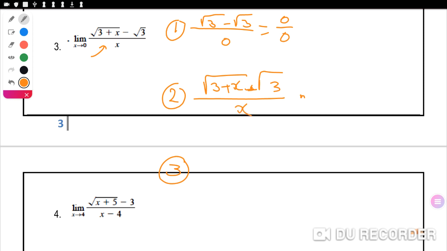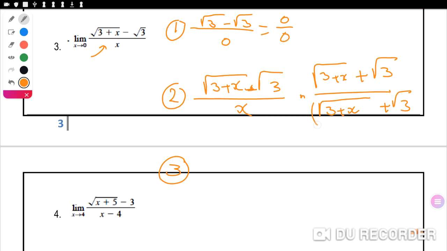I multiply both the numerator and denominator by the conjugate of this numerator. It will be square root 3 plus x, instead of minus, it will be plus square root 3 over what? Because I multiply both numerator and denominator by the conjugate.